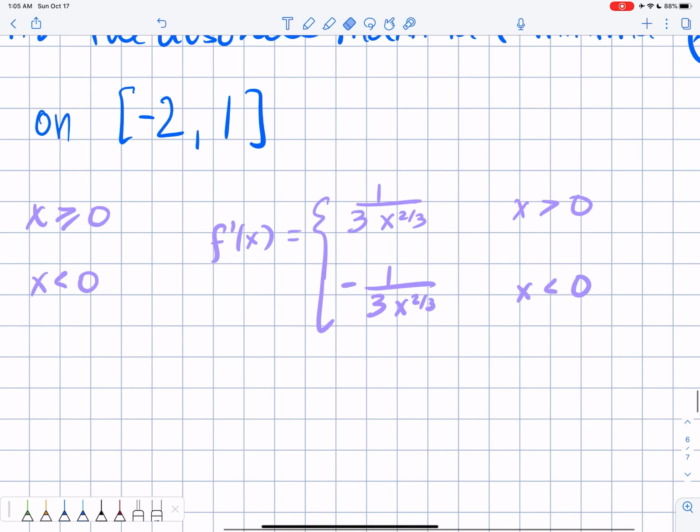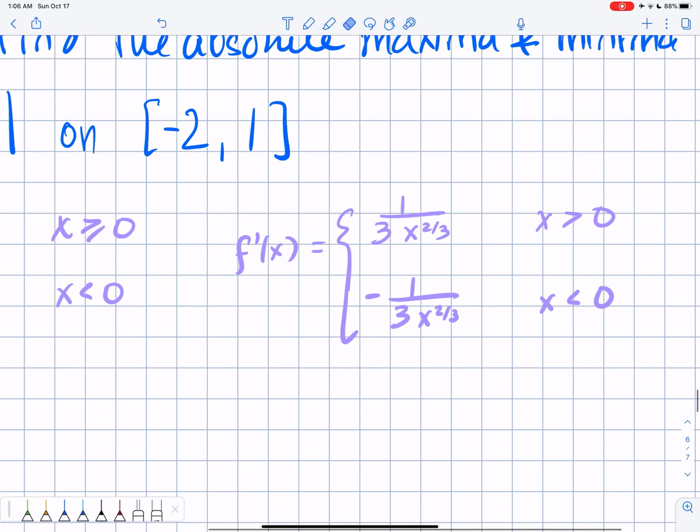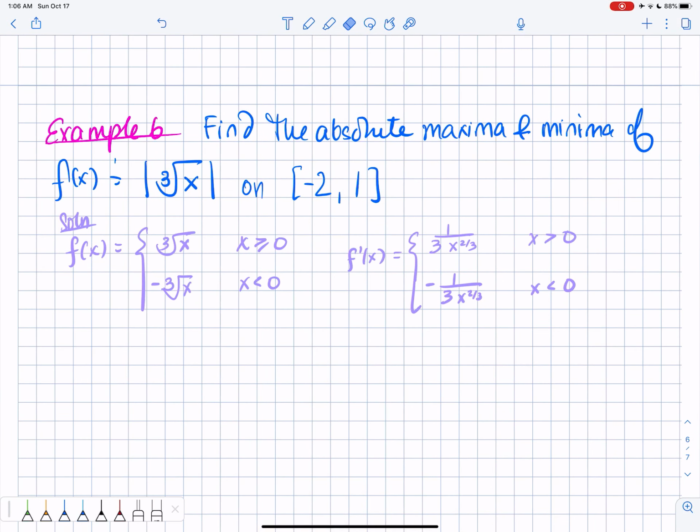So what happens at 0? If you look, this thing goes to infinity as x goes to 0. And how about when x is negative? If you take the cube root and square it, this gets very, very small, so this goes to negative infinity. But in either case, the tangent line gets more and more vertical, okay?